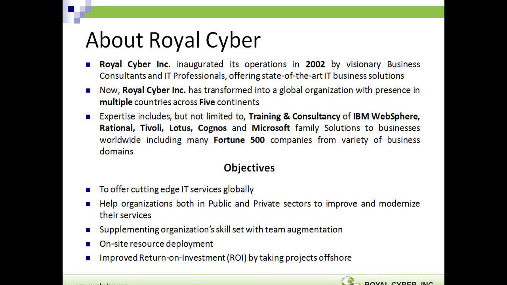Furthermore, we are also Microsoft certified gold partners. Since the company's inception in 2002, our experts have been leaders in providing training and consultancy of IBM Rational, WebSphere, Tivoli, Lotus, Cognos, and many Microsoft family solutions to businesses worldwide, which includes many Fortune 500 companies.